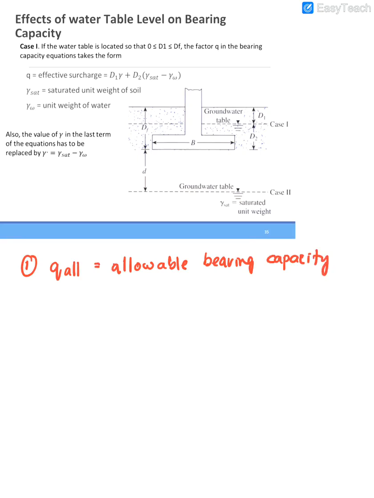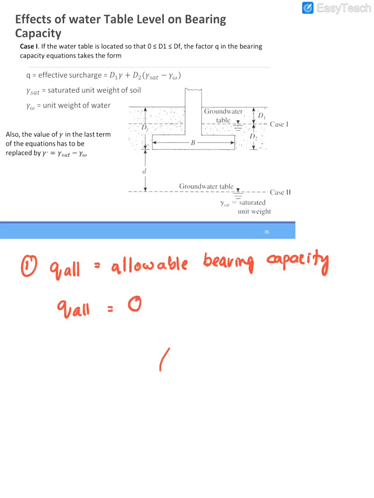For q allowable, there are two equations that you can use to calculate it.